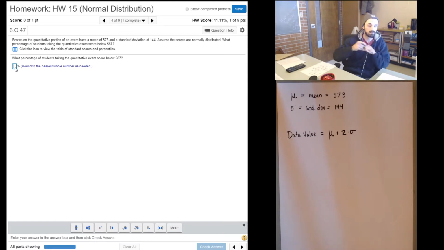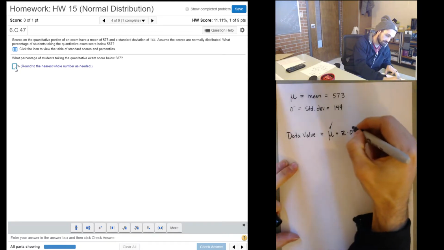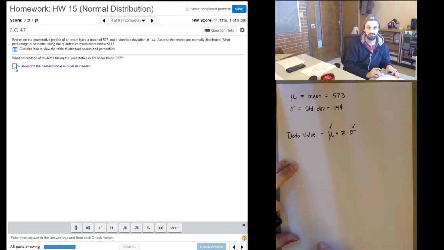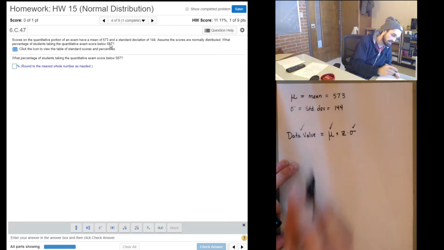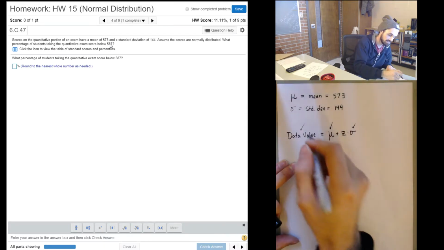Well, what are we given? We're given the average, we're given the standard deviation. Are we given a data value? Well, absolutely, of course we're given the data value. That's this 587.